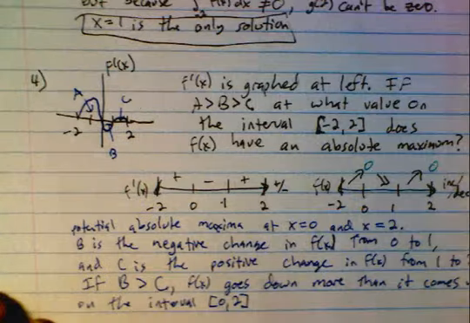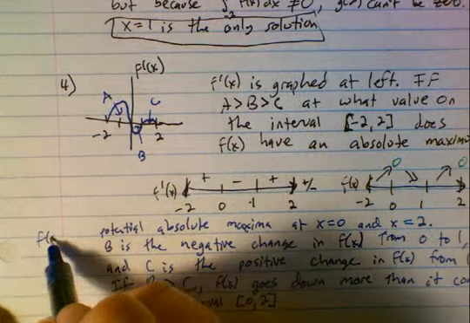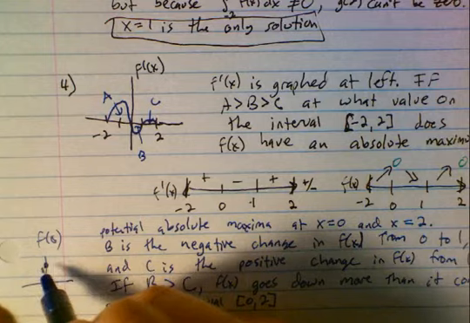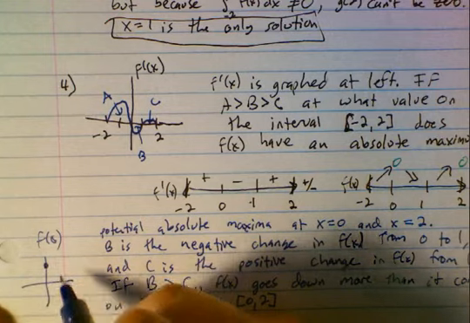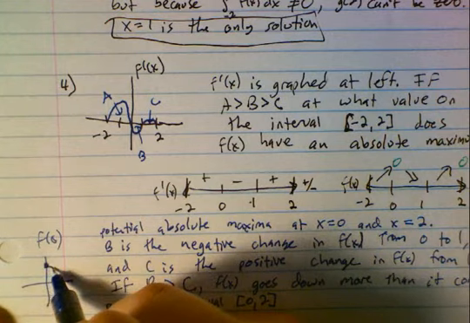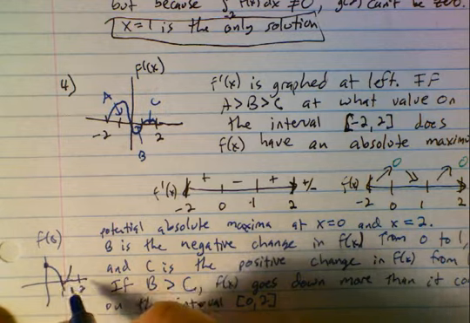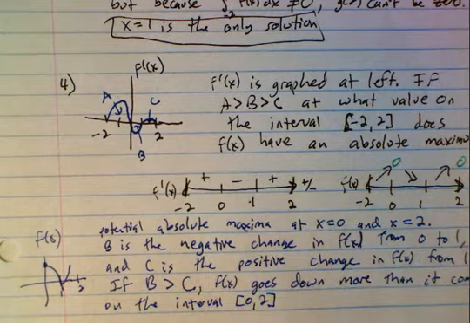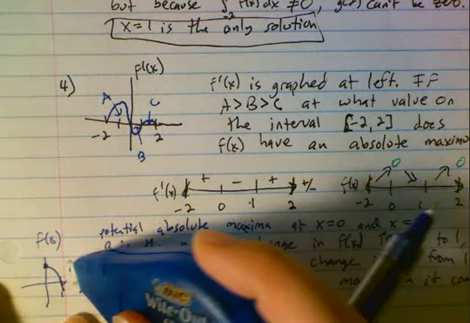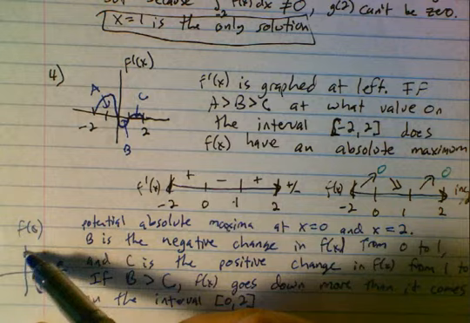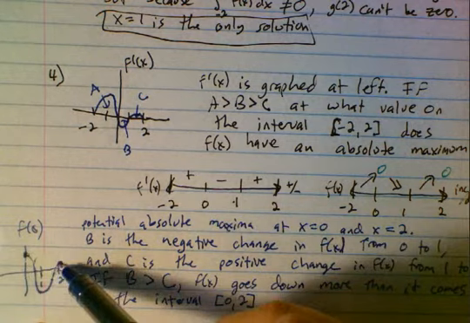We're imagining it something like this. Wherever f of x is here, it goes down a bunch, and then up not as much. That's not a good drawing. Try it again. F of x is going to go down a bunch and then up not as much.